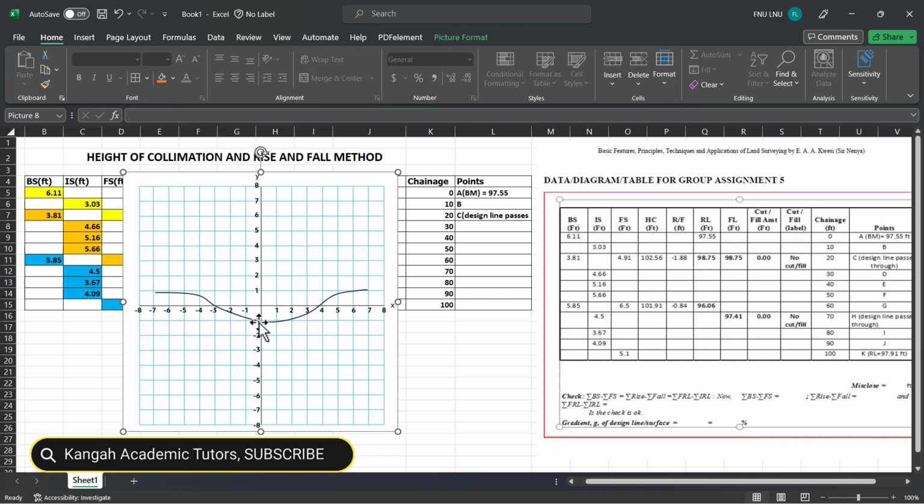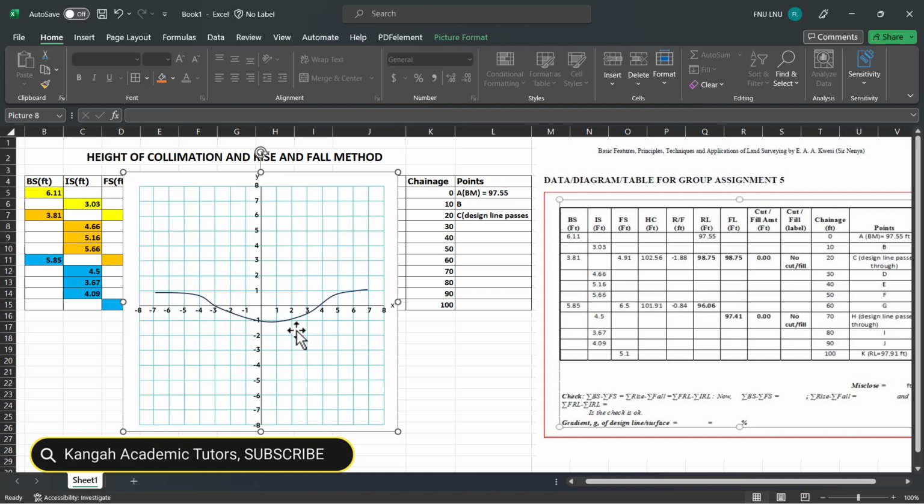So if you want to get the 0 here, or get this flat land here, you have to fill here. The height to fill is minus 1. And if you want to get the 0 here, or get a flat level here, you have to cut this hill here to obtain your flat level.